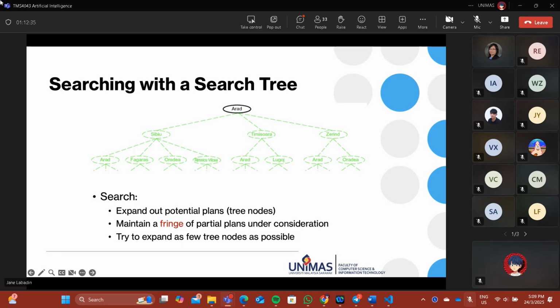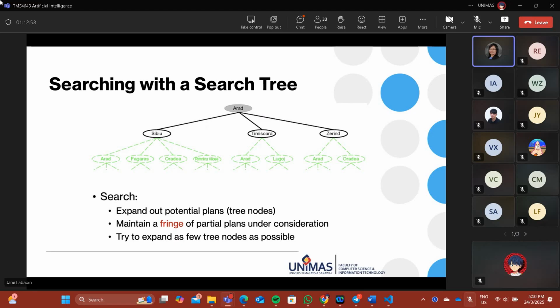So you expand out all potential plans. So basically, all the 3 nodes, and then you maintain a fringe of partial plans under consideration. Fringe means the ones that you are considering. So you start off with these 3.